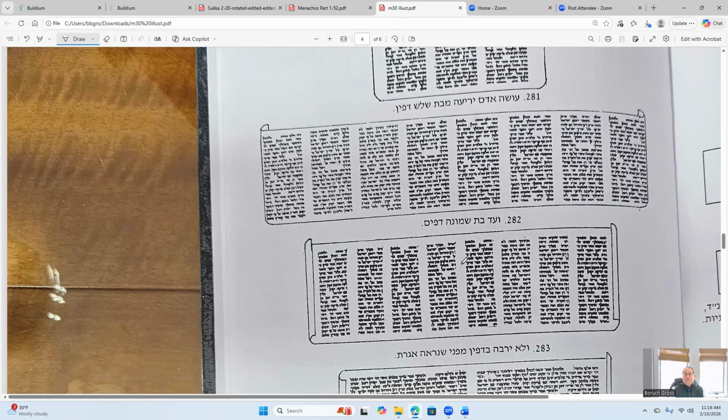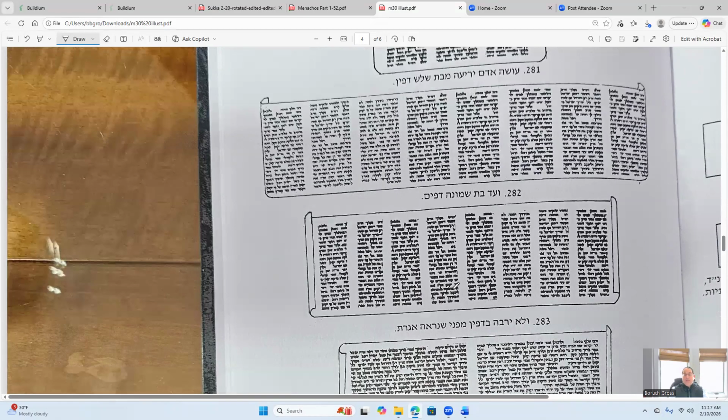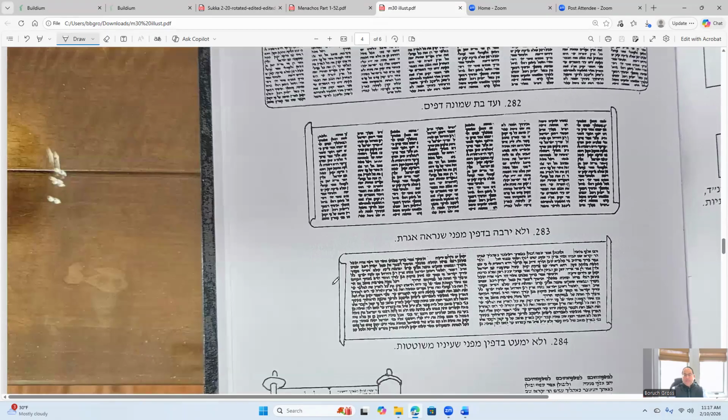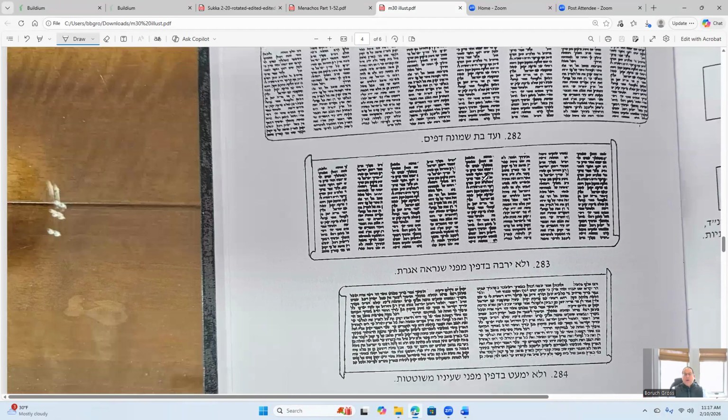But even if you have an average piece of parchment, don't put 8 there if you're making the columns too narrow. And even if you have a wide piece of parchment, don't just put 2 columns there and make them very, very wide, because all these things make it very hard to read.